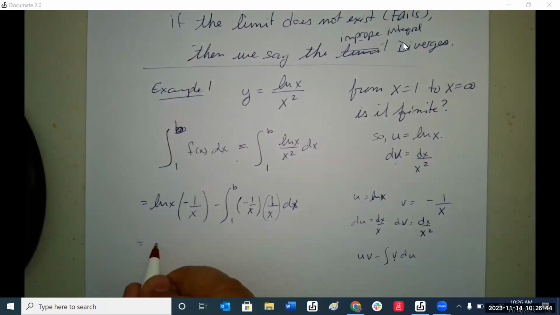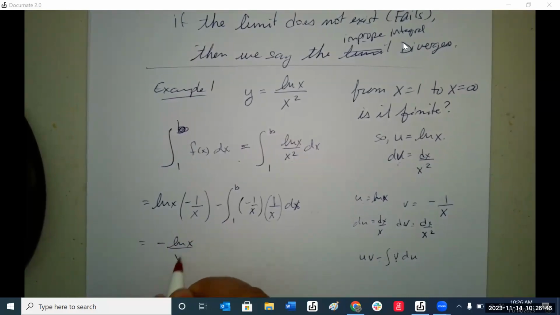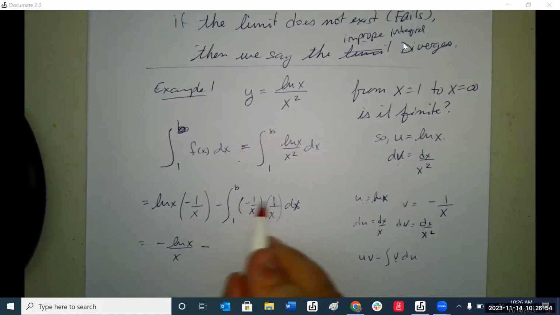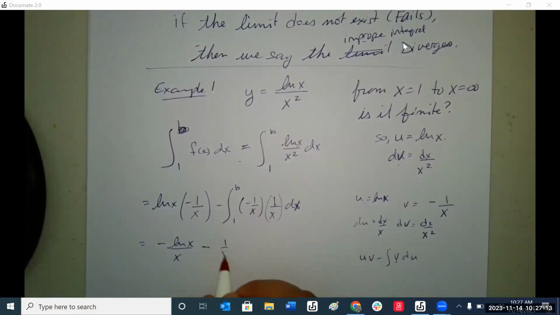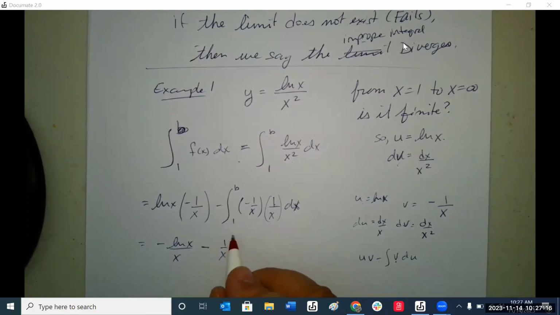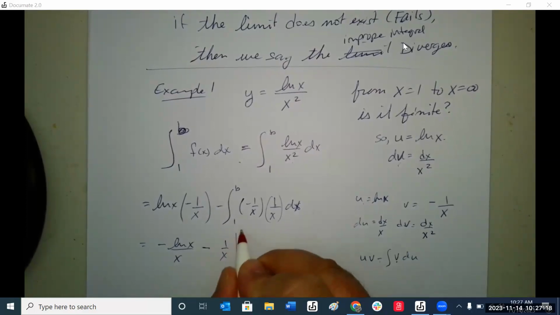Okay, so this is negative ln x over x. The integral of this, so the derivative, is now going to be negative 1 over x squared. So the integral of that is 1 over x, from 1 to b.